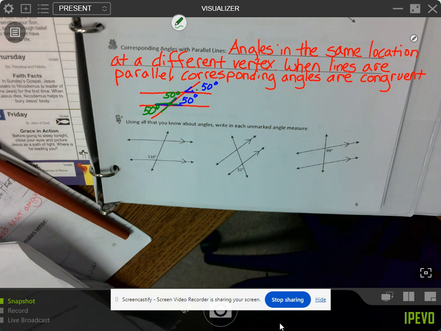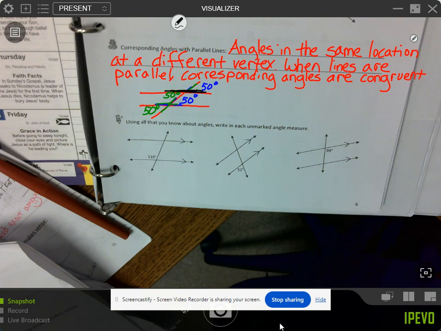Who knows what my missing angles are now? Marina? So you think this one would be 90 degrees? No. One, I look at it and I can see it's not 90. So stop thinking 360. That overcomplicates it. Friends, what is this right here? It's a straight line.